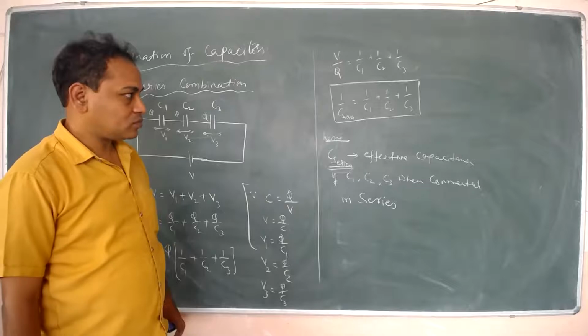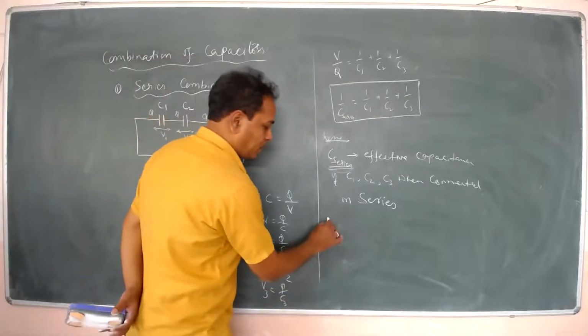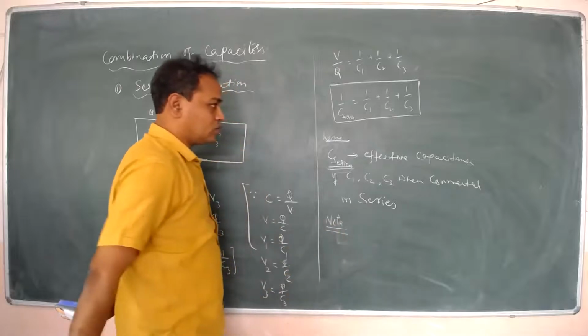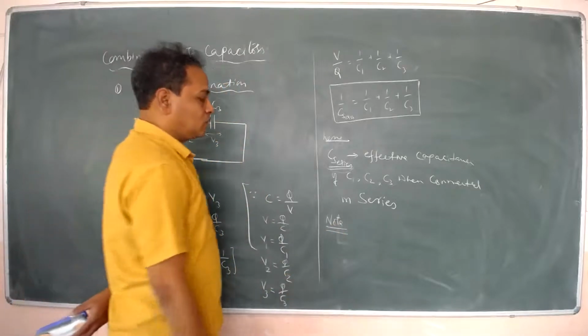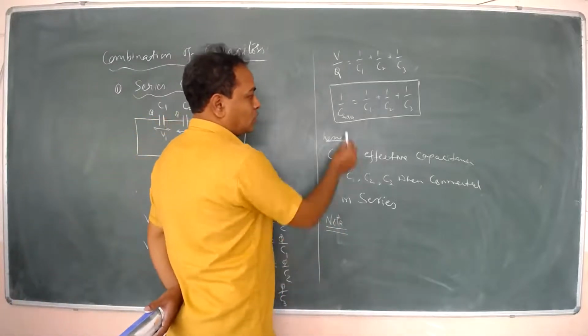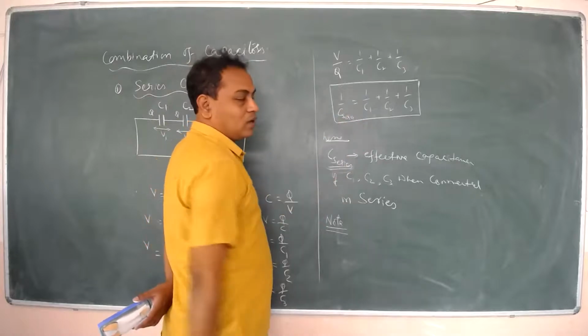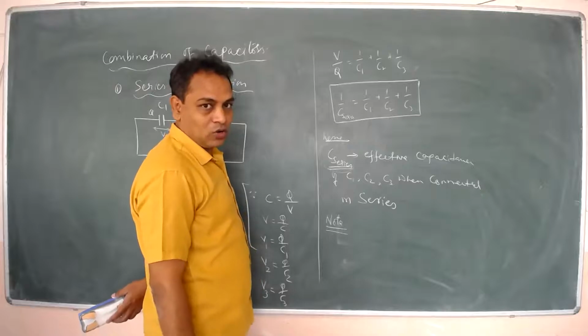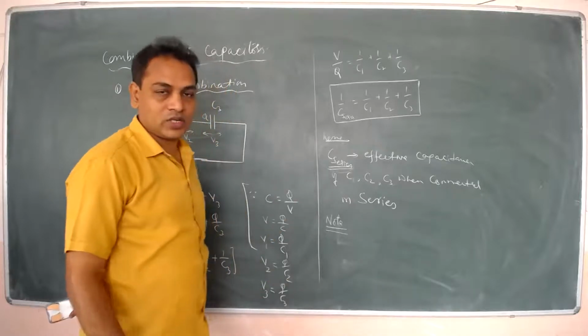One thing is to be noted: the effective capacitance will be less than the least capacitance value in this combination. What does it mean?